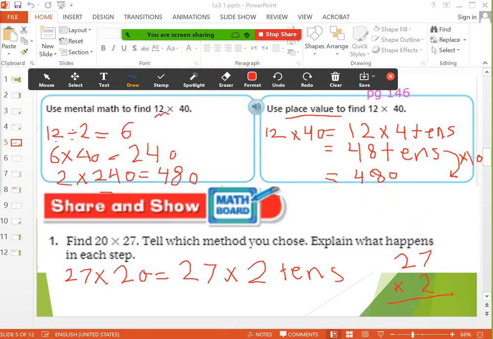Thank you. So I will put 4 here and 1 above the tens, as we learned in regrouping. 2 multiply 2 equals 4, plus 1 equals 5. So the answer for this multiplication will be 54 tenths, right? 54 tenths.